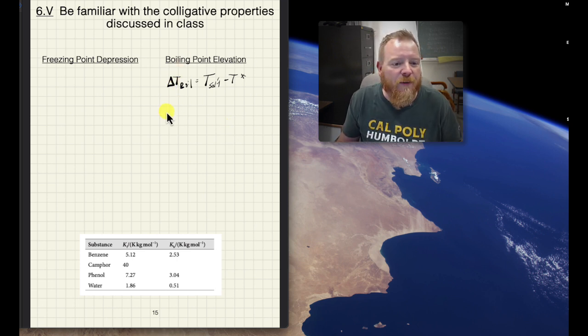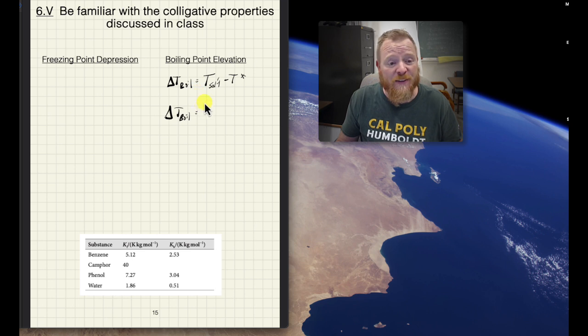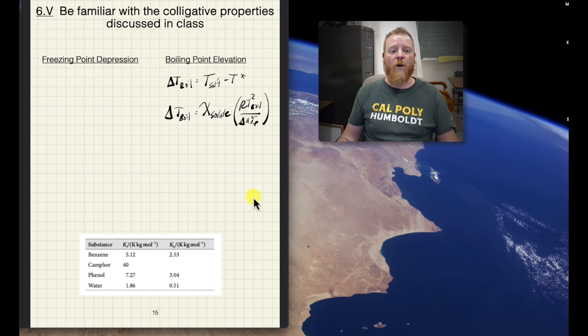And so through derivation, this quantity can be written as the following. So the mole fraction of the solute times the quantity R T squared, where T is the boiling point of the pure liquid, divided by the delta H of vaporization of the pure liquid.